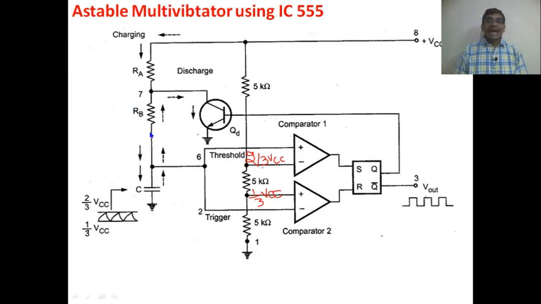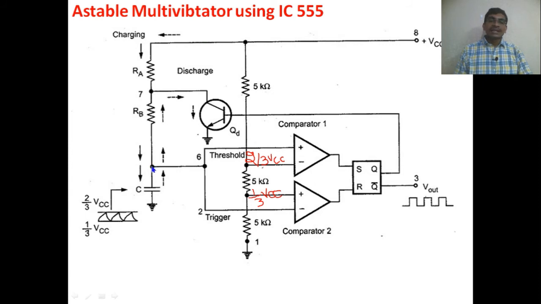Therefore, it was directly discharged to ground, 0 volts. But now it is discharging through the resistor RB. So discharging is also exponential. When compared with the charging time, the charging is through RA and RB resistors. That's why the charging time is more than the discharging time. Discharging is done through the RB resistor only.